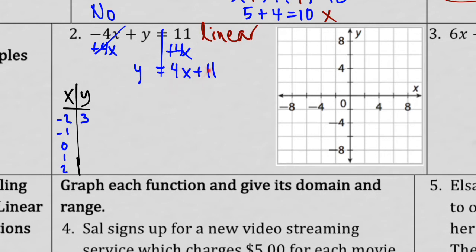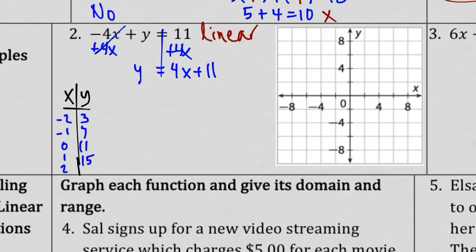Negative 4 plus 11, and that's going to give me positive 7, because the 11 is bigger. Let's do it again for 0. 4 times 0 is 0 plus 11. That one's pretty easy. That's just 11. And 1: 4 times 1 is 4 plus 11 is 15.